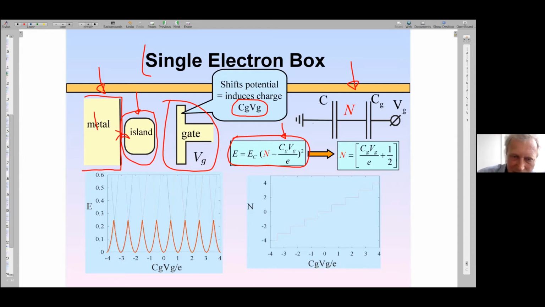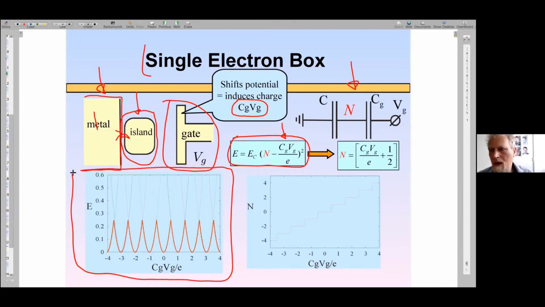Okay, what does it mean? Let me just plot this energy. We will see this picture again. Let me plot this energy versus gate voltage at different N. Okay, it's a simple plot. In fact, I've got parabolas, which are shifted horizontally, corresponding to different N. I want to get the minimum energy from these parabolas.